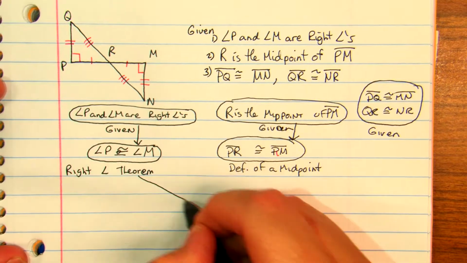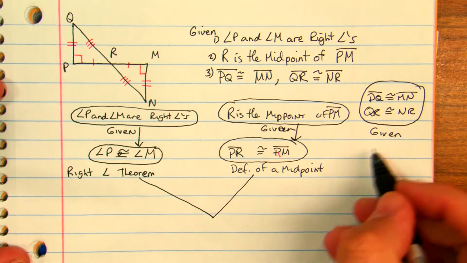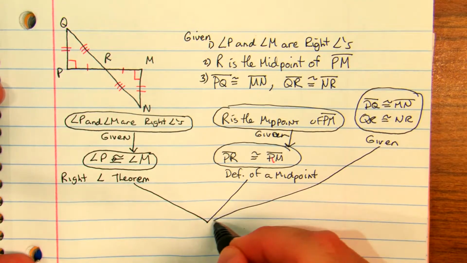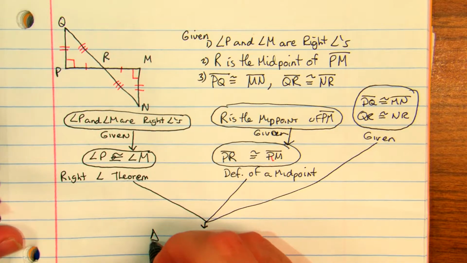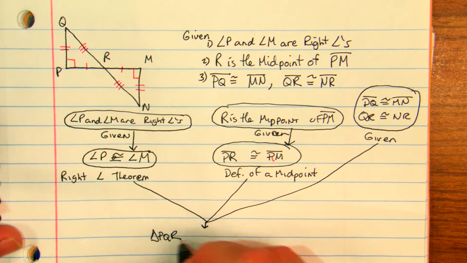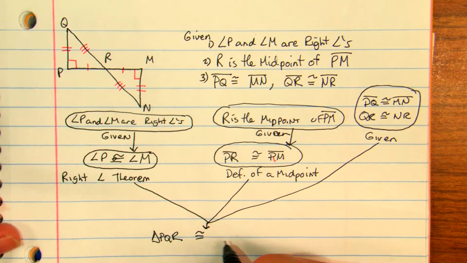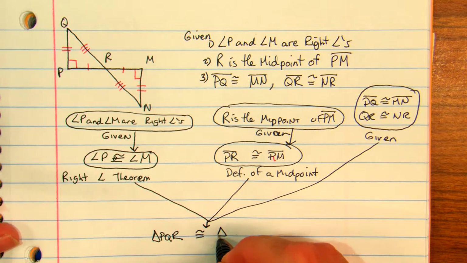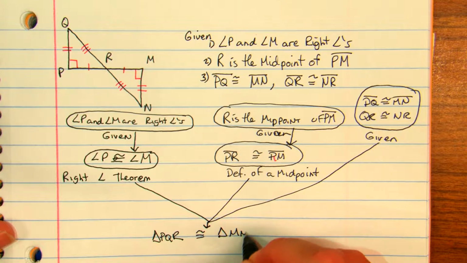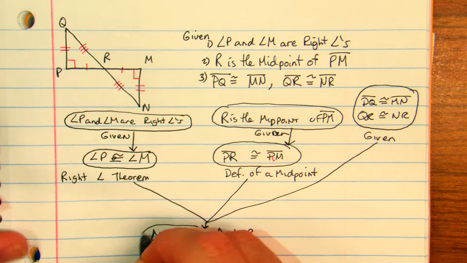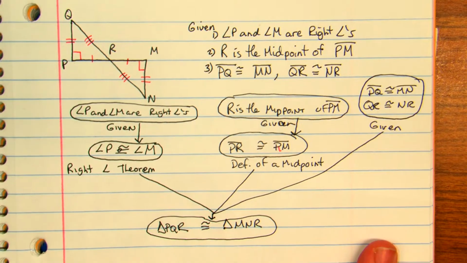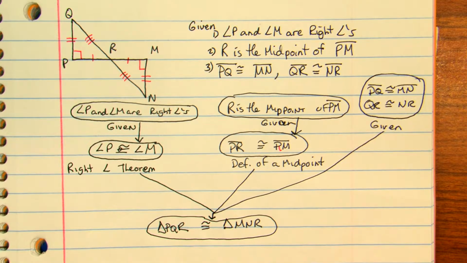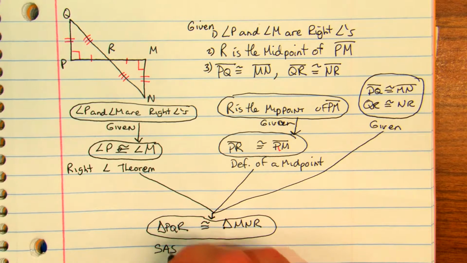So flowchart proof, you'll have to do something like this. Triangle PQR is congruent to triangle MNR. Now, what's the reason why? All right, you can use side angle side. Is there another one that I could use?